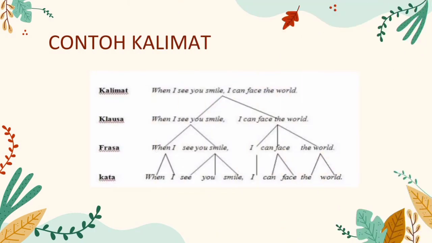For example, there is a sentence: when I see you smile, I can face the world. And then there are two clauses. The first, when I see you smile, and the second, I can face the world. Before the clause is formed, there is a phrase.